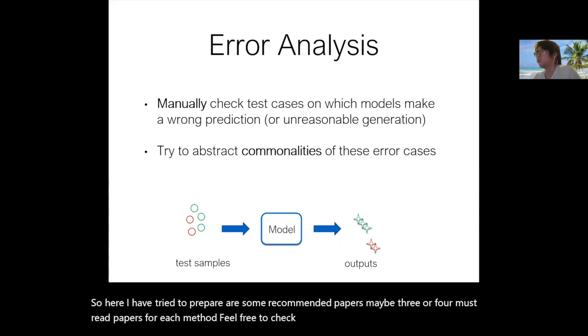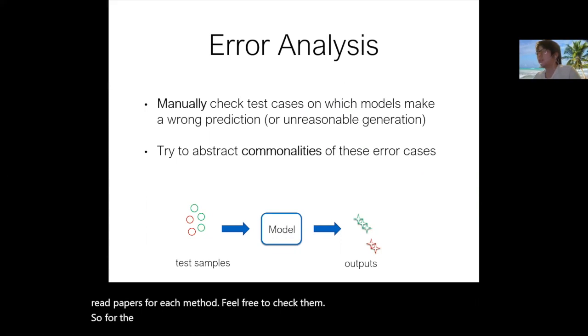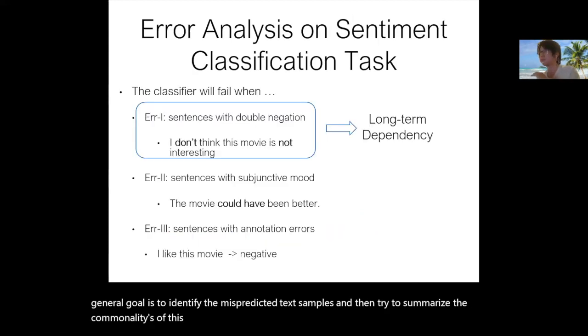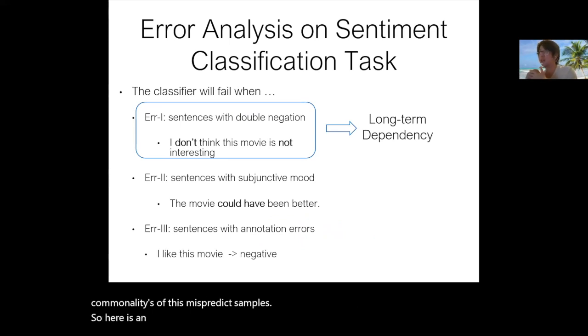For error analysis, one point is that it happens at the test stage. The general goal is to identify the mispredicted test samples and then try to summarize the commonalities of these mispredicted samples. So here is an example. This is an error analysis result on the task of sentiment classification.